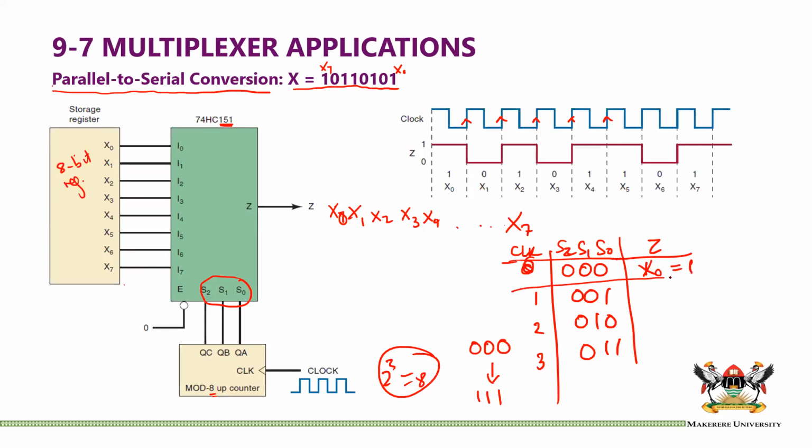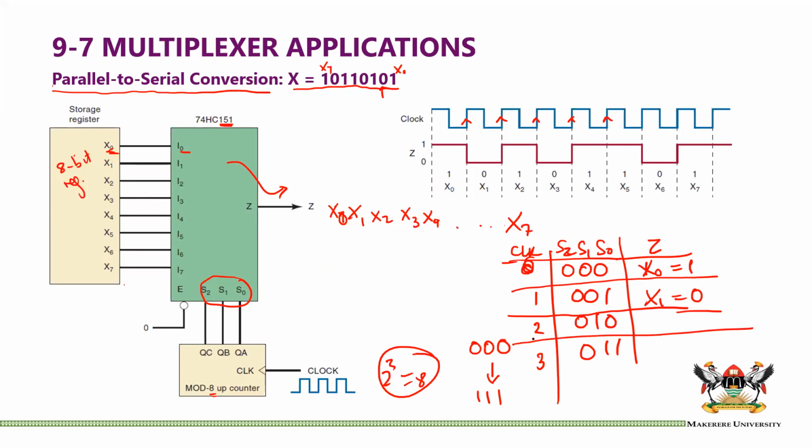The first time we clock, you see when the select inputs are 0, 0, 0, this X0 is the one that will go through to the output. When we clock, our select inputs change to 0, 0, 1. And when we change to 0, 0, 1, we take the next value, which is X1 is equal to 0.